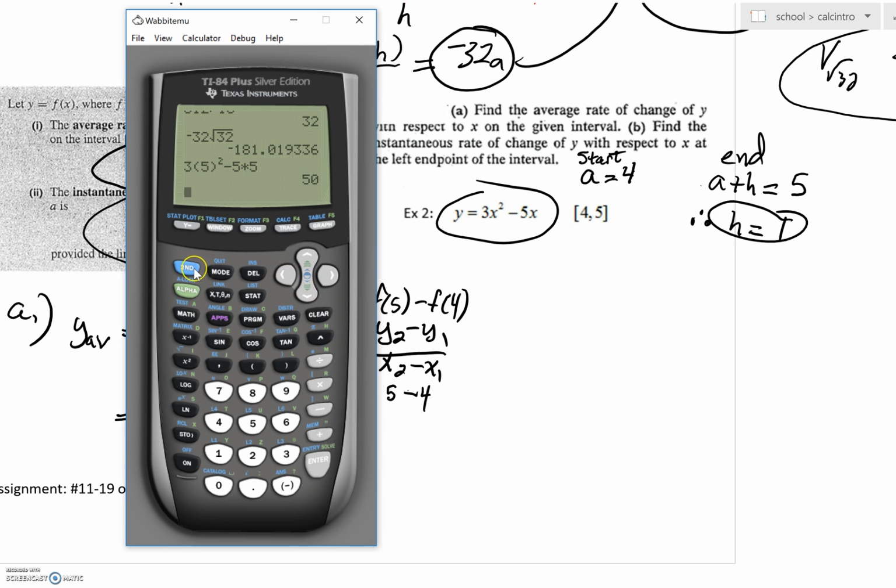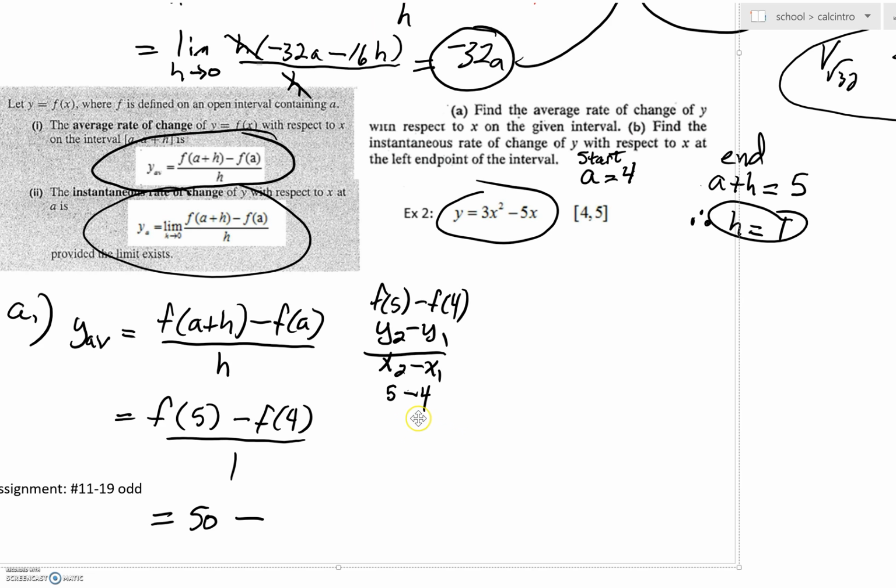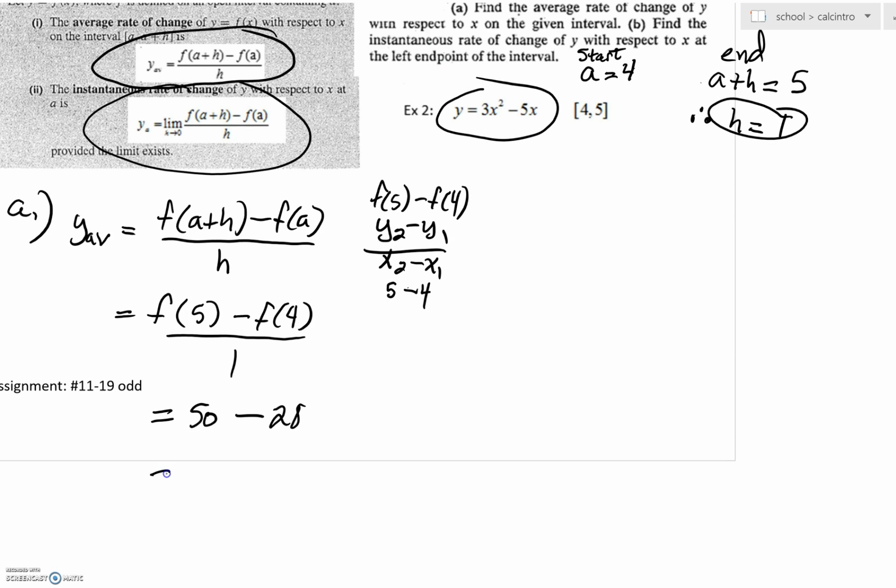Well, my goodness, what's kind of cool? We could just come back here and say, you know what? We wanted to change that 5 to a 4, didn't we? And when we do that, we're just going to get 28. 50 minus 28. What's 50 minus 28, guys? 22. There we go.